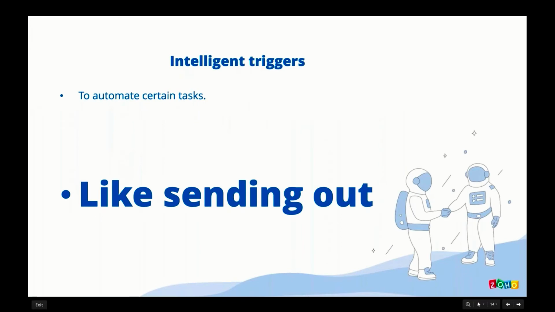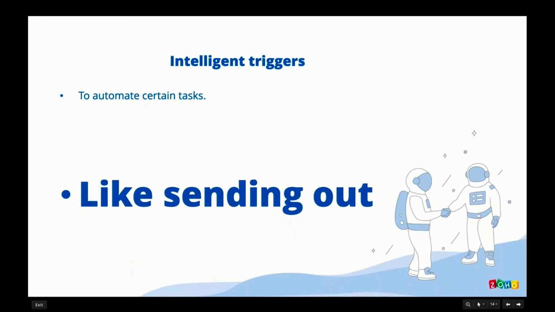And the next would be intelligent triggers. Intelligent triggers can be used to automate certain tasks. You can set a bunch of criteria based on which the intelligent triggers would be executed.